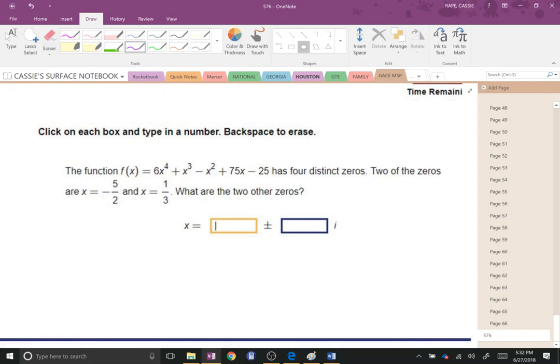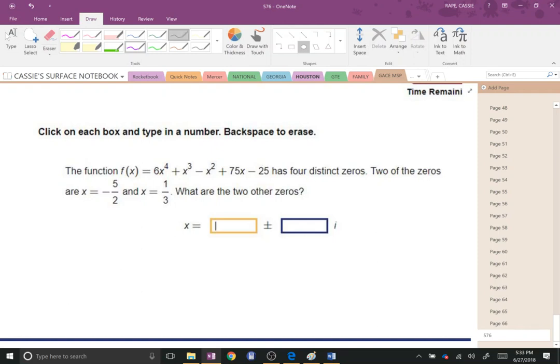So I'm going to need to divide 6x to the fourth plus x cubed minus x squared plus 75x minus 25 by both the factor that created -5/2 as a 0 and the factor that created 1/3 as a 0.